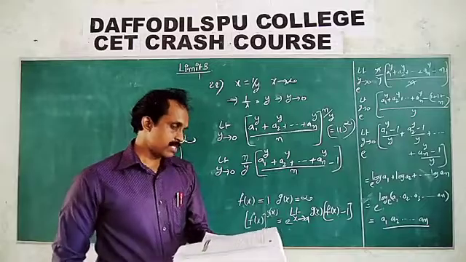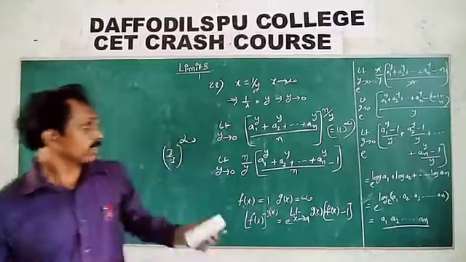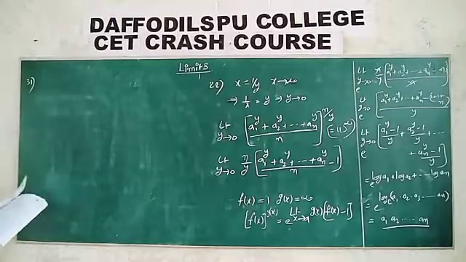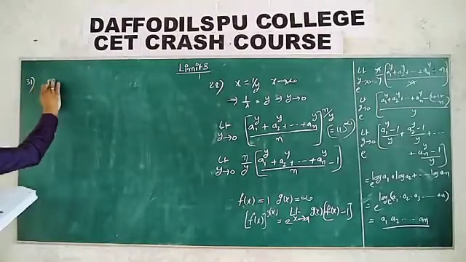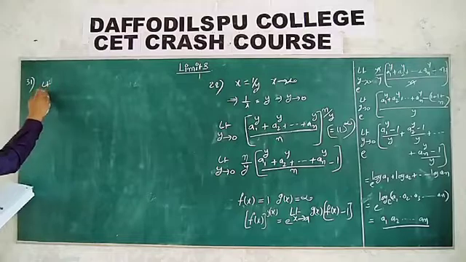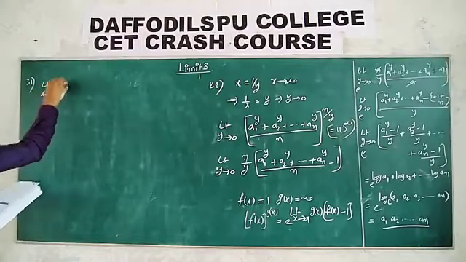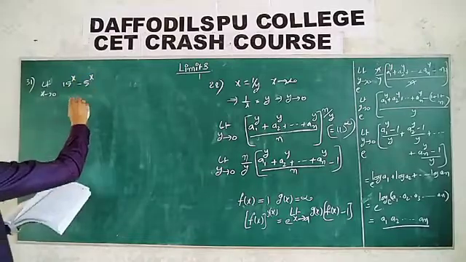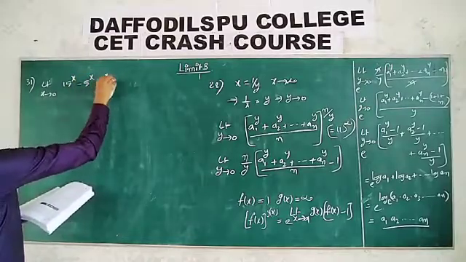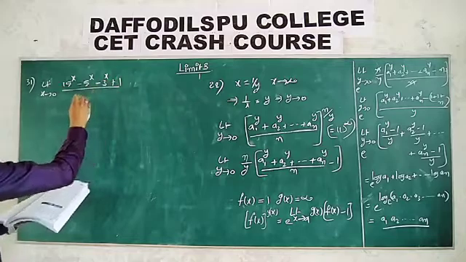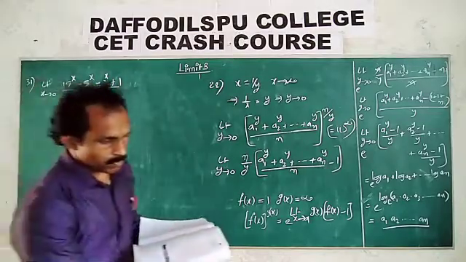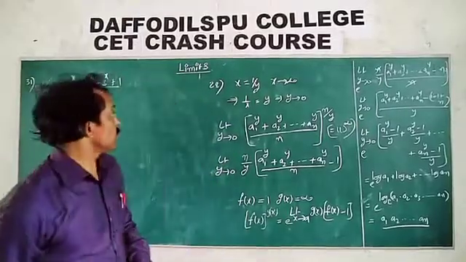Next, 31. What is this one? Limit x tends to 0 of (15^x - 5^x - 3^x + 1) divided by (1 - cos 2x).